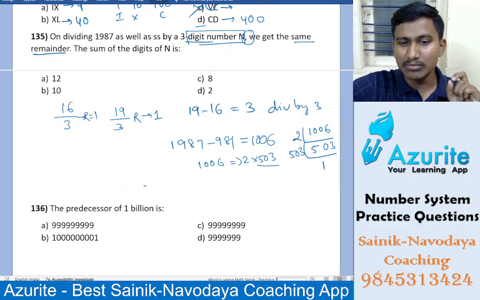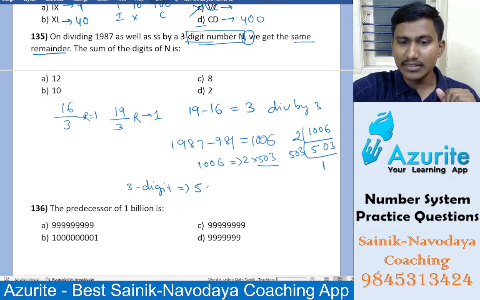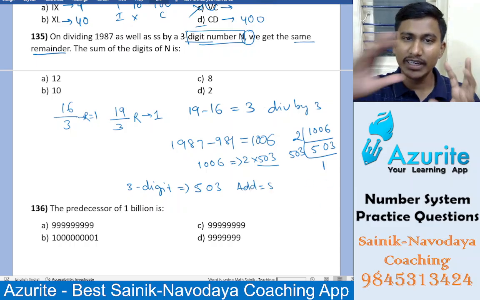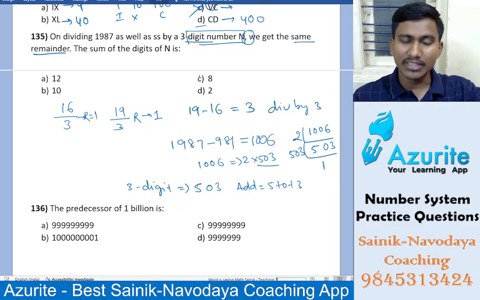So if you add its digits, 5 plus 0 plus 3 will be 8. So 8 is the answer, option C here. Got it? It is a very easy question, okay? So once again you watch it and you will be able to understand.